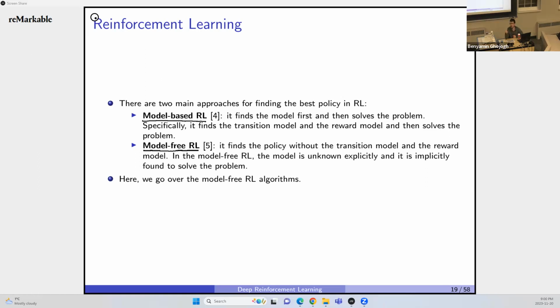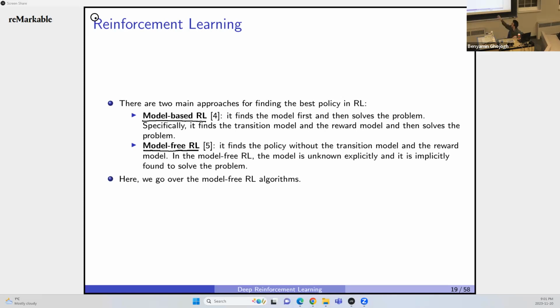There are fewer researchers, in my opinion, working on model-based RL. I don't have much knowledge about it, but apparently, for example, if you have a robot, they move the robot arm from one state to another, and then they calculate the probability of going from this state to that state, and then they model it, and then it becomes a Markov decision process, and they solve it.